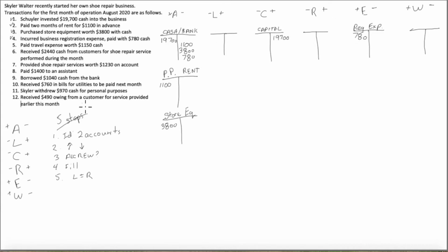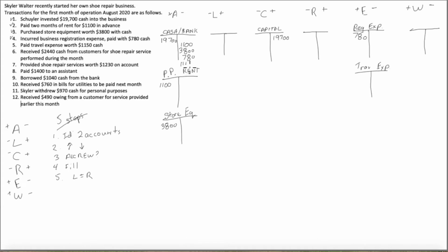And did it go up or did it go down? All right, expenses generally go up, because you're paying for expenses. So this would be travel expense. We have to make another account. Travel expense. Perfect. So we paid for it. So we paid how much? $1,150.